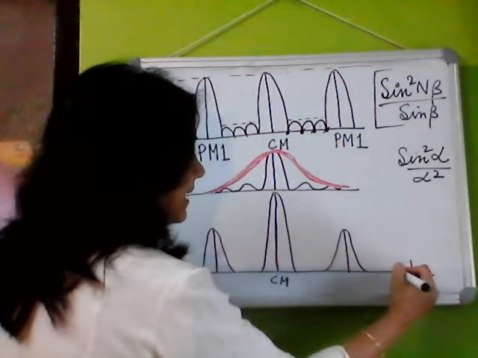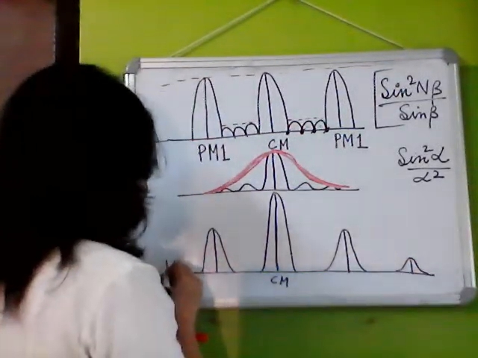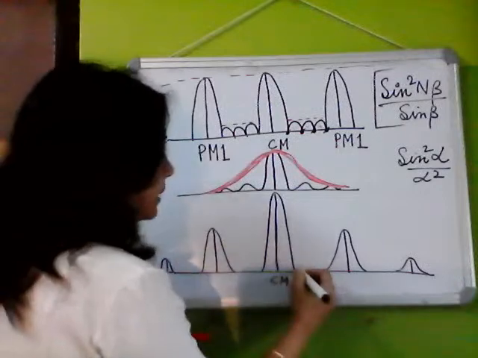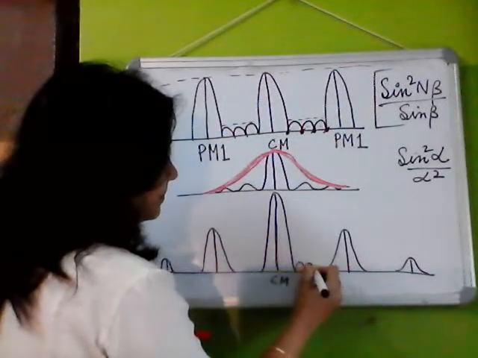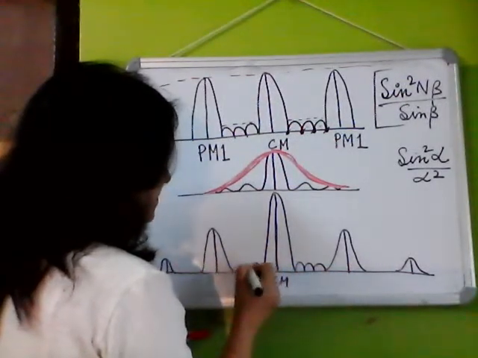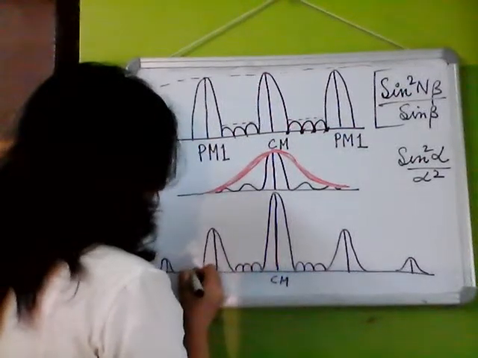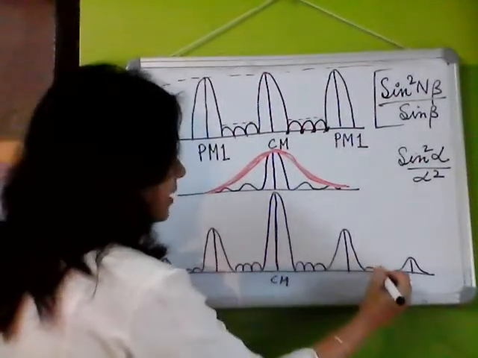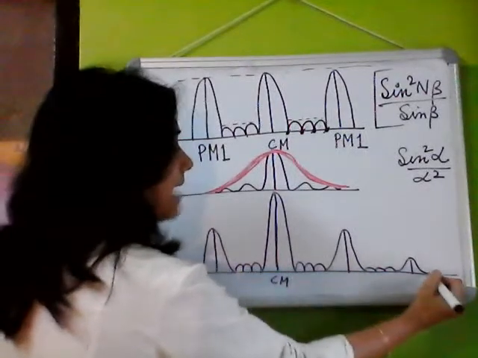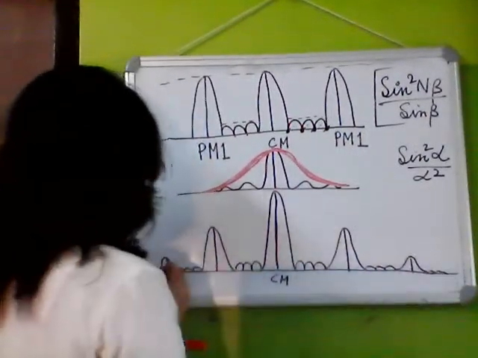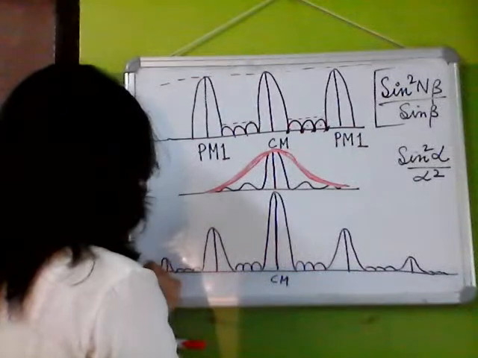Again, the second primary maxima is having even less. And in between, I will have the secondary maximas. In the slower one, these are going to be even smaller. And as I'm going further, these will be having less and less intensity.